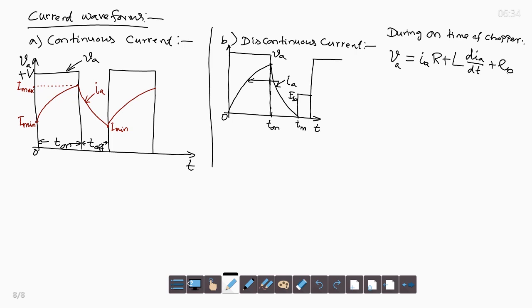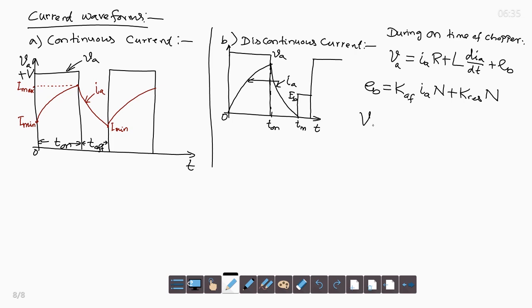This is the KVL applied to the armature circuit of the machine. R is the total resistance in the circuit, L is the total inductance in the circuit, and EB is the back EMF. Here you have EB, the back EMF, equals KAF into IA into N plus K residual into N.